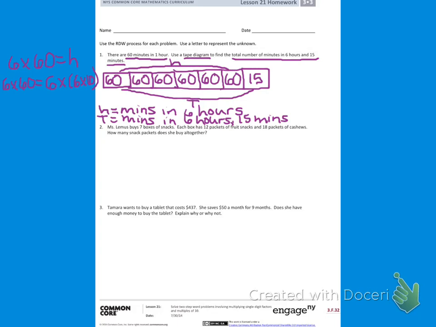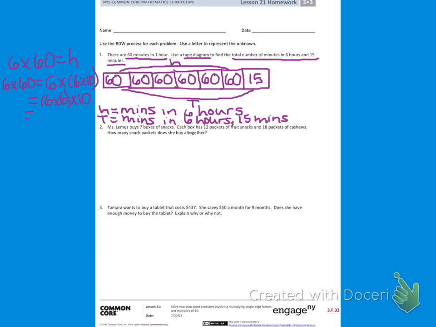I use 6 times 10 because that's the same as 60. Now that is the same as 6 times 6 times 10. All I did was use the associative property of multiplication and move the parentheses.